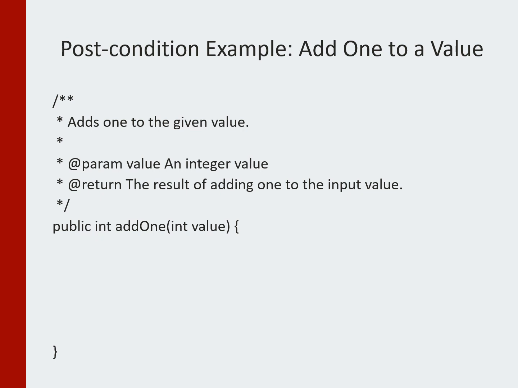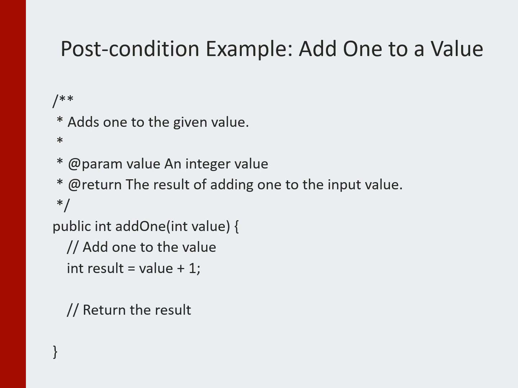In this case, I have no restrictions on value other than it is an int, which is already taken care of by the fact that Java took in the data type of the parameter, which happens right here. So I don't really have a precondition that I'm writing here, but I do have a postcondition, which is to say what the output should look like in the return statement. Great, so I'm just going to add 1 to the value. Int result is equal to value plus 1, and we can return the result.